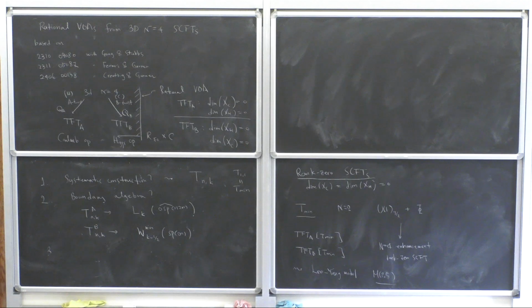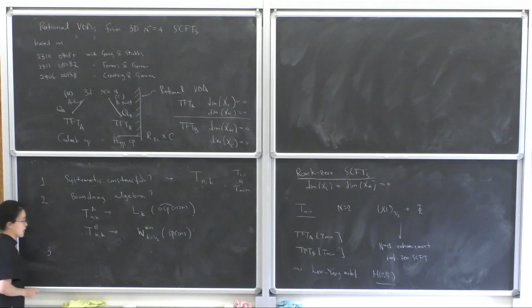So the 3D N=4 theory has a mirror symmetry, which is a statement that there exists a pair of 3D N=4 theories so that the Higgs branch and Coulomb branches are exchanged. So in our setup, it exchanges the TFT A of T1 with the TFT B of T2.